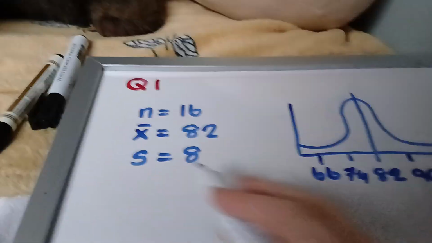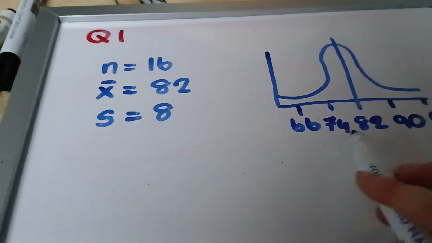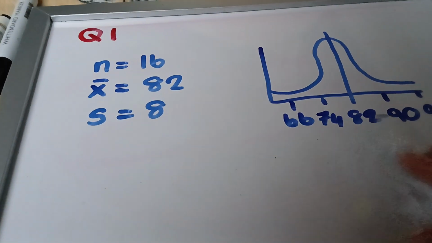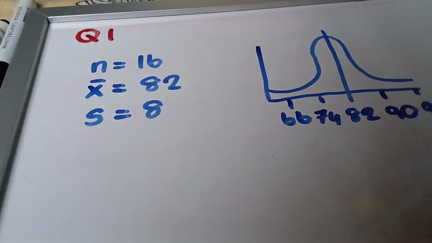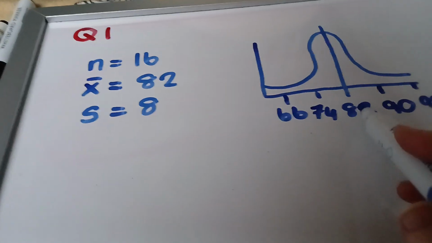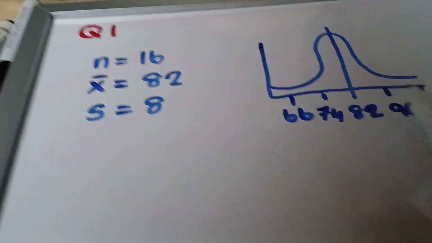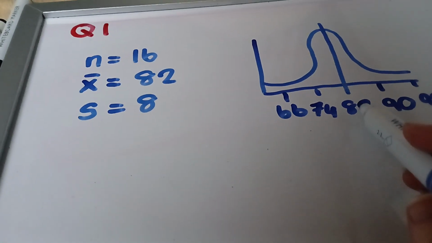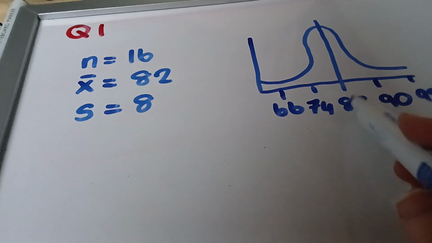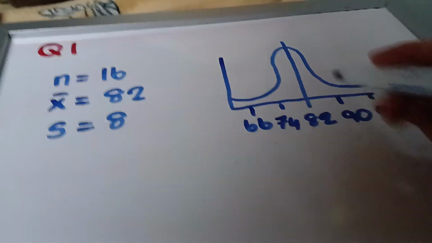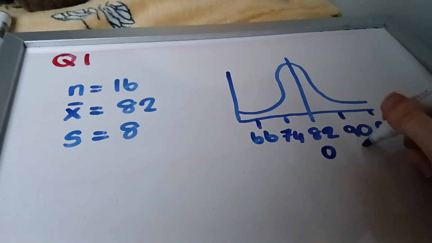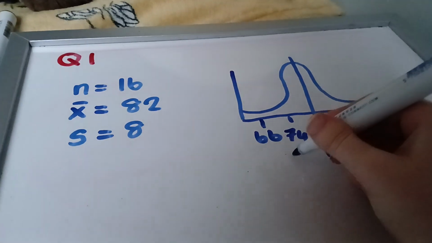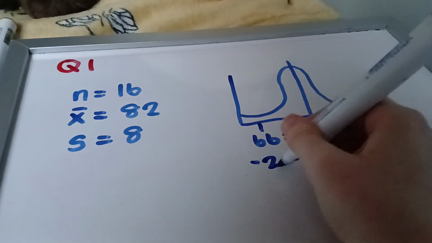So basically, the reason I did that is because the standard deviation is the spread. How spread out are the scores on this? So one standard deviation above the mean is 90, and one standard deviation below the mean is 74, and so on. So this is 0, this is +1, this is +2, this is -1, this is -2.